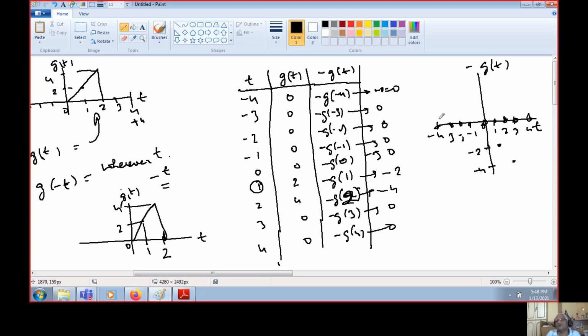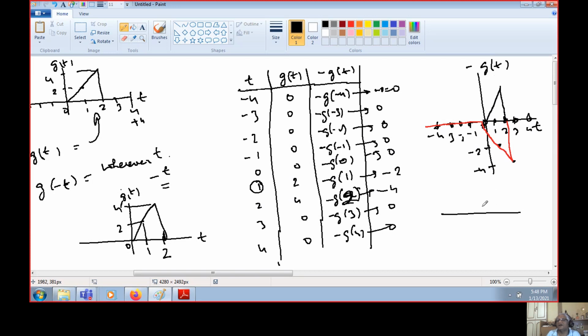Now what type of a graph I will get? I will get a graph which is looking like this. What was g of t? g of t was like this. So this was g of t. And minus of g of t is exactly the mirror image of g of t, but in the vertical frame.